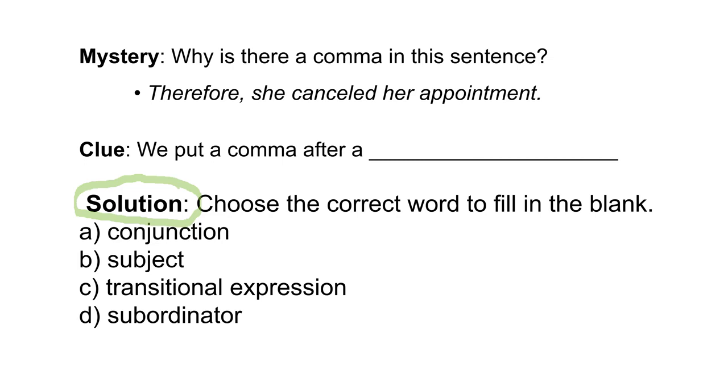And now students are ready to solve the mystery. We put a comma after a transitional expression. The students now understand one of the most common rules for using a comma.